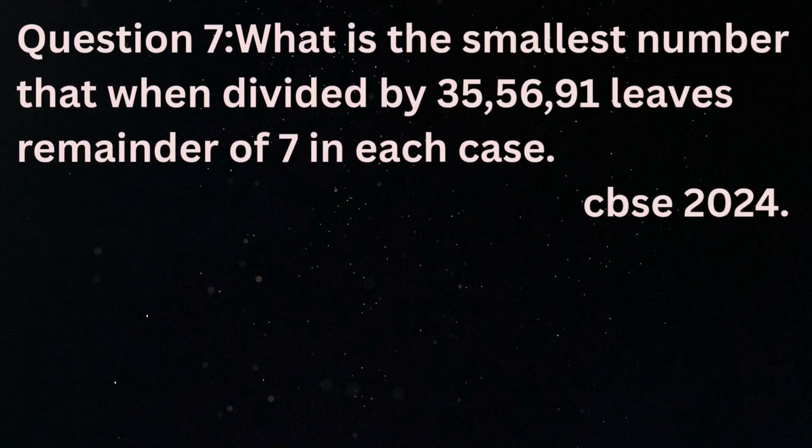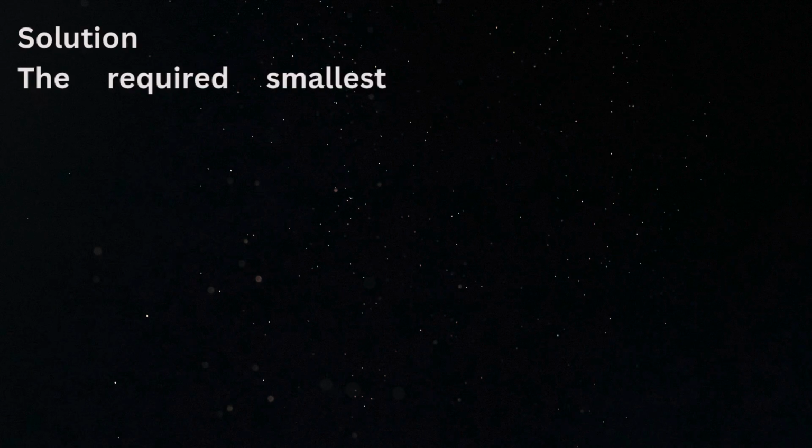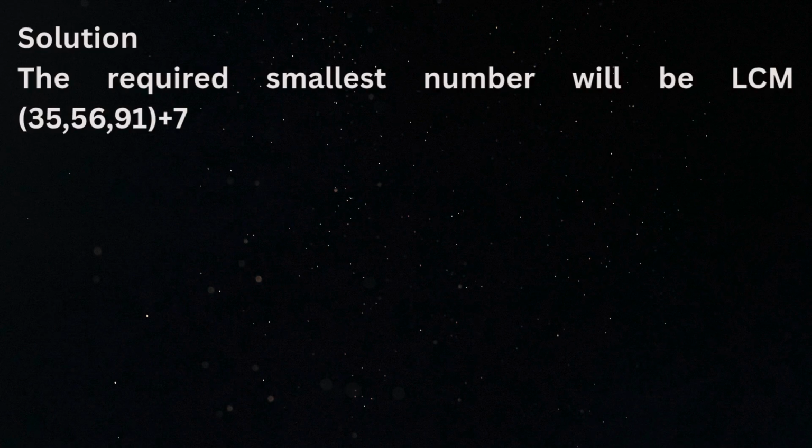Question 7. What is the smallest number that when divided by 35, 56, 91 leaves remainder of 7 in each case? This is another tricky question asked in CBSE 2024. Solution. The required smallest number will be LCM of 35, 56, 91 plus 7. Hence we have to first find LCM of the given numbers.